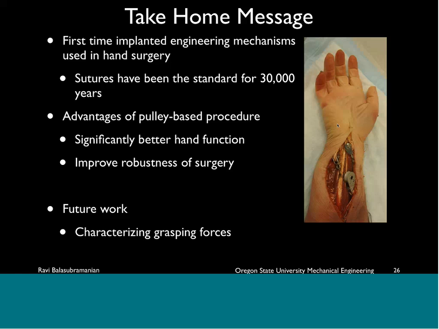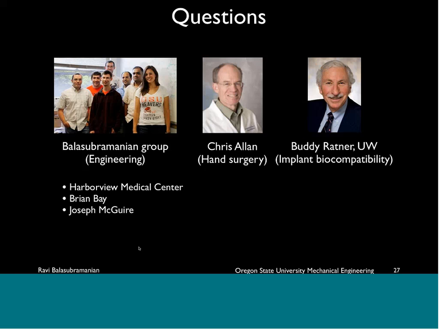And also there's less slip of the fingers on the object during grasping. And we're also seeing that it leads to an improved robustness of surgery. Now we have some ongoing work in trying to characterize the grasping forces from our cadaver data. Now with that, I'm ready for questions.